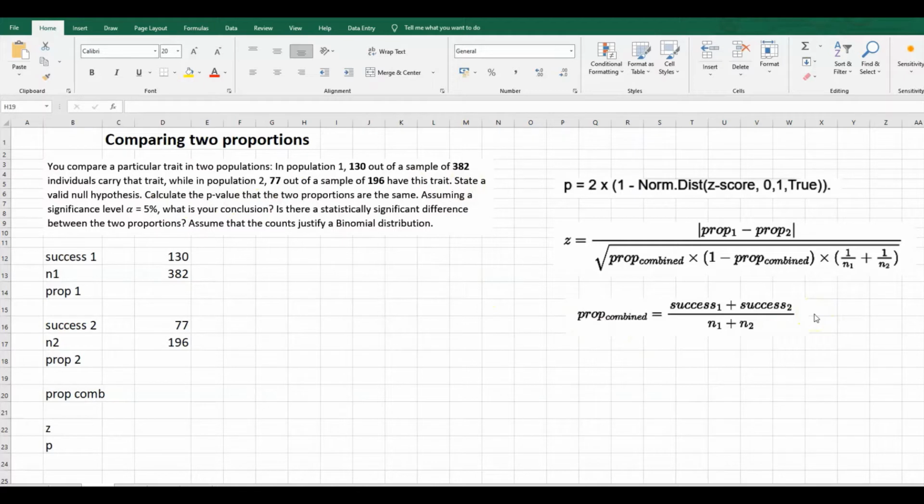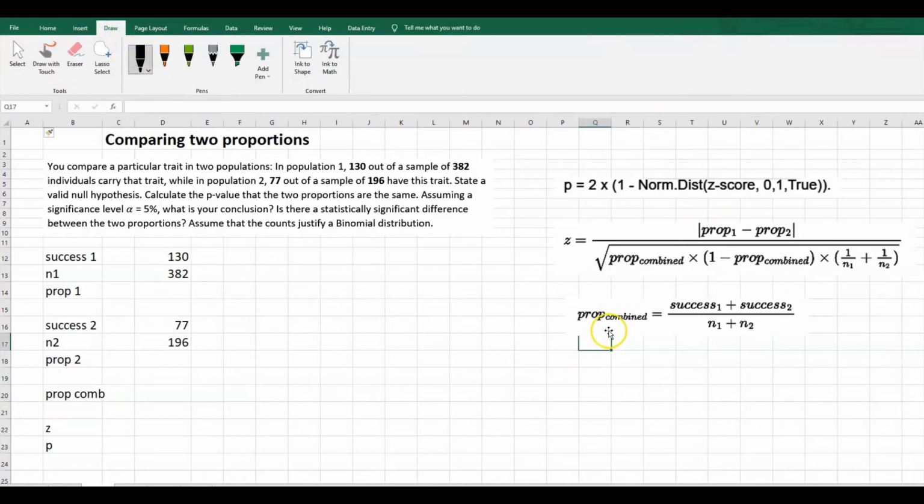And in this case, the null hypothesis, H null, that's our null hypothesis, would be the proportion in population 1, and I abbreviate that like that, is the same as the proportion in population 2.